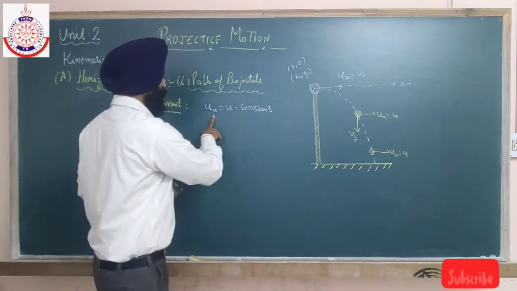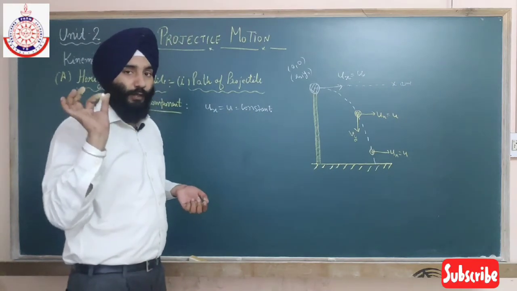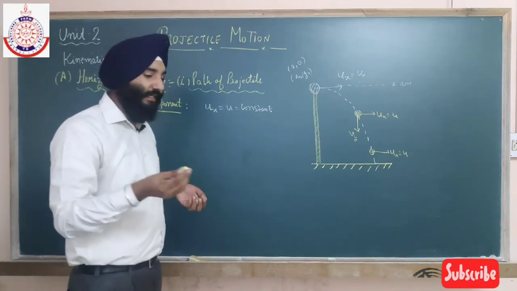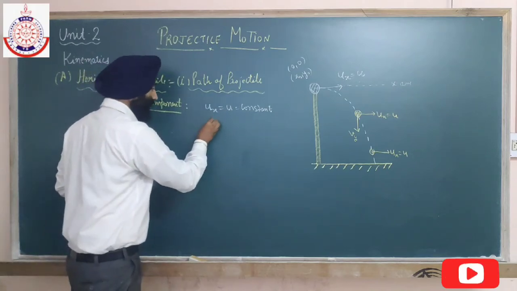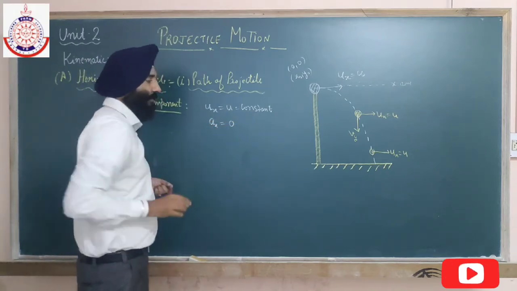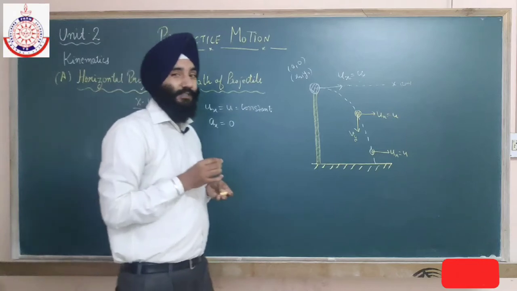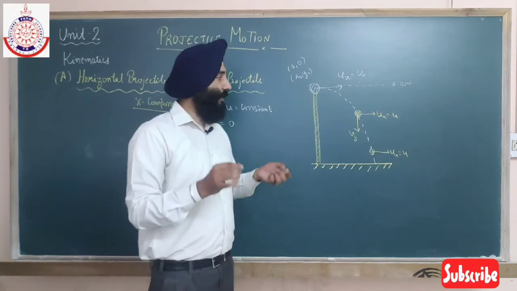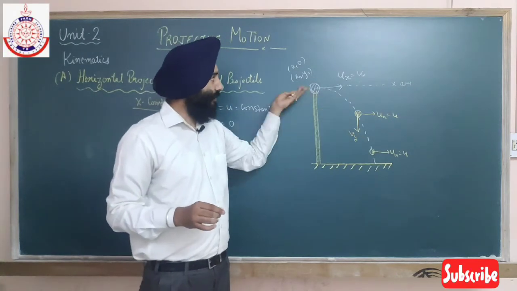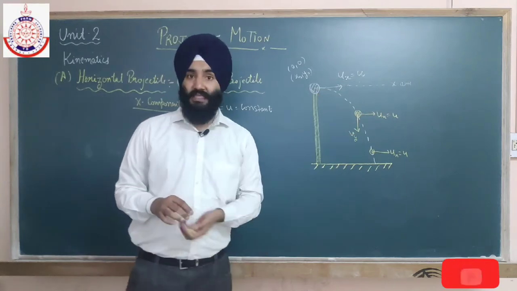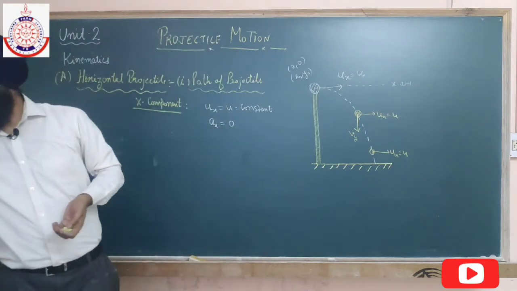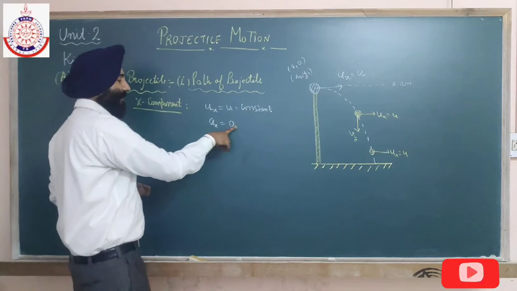So here ux is constant. It means if velocity is constant, acceleration along the x-axis is 0, because acceleration is the change in velocity. But along the x-axis, at each and every point we have the same velocity. It means along the x-axis velocity is constant, so acceleration is 0.